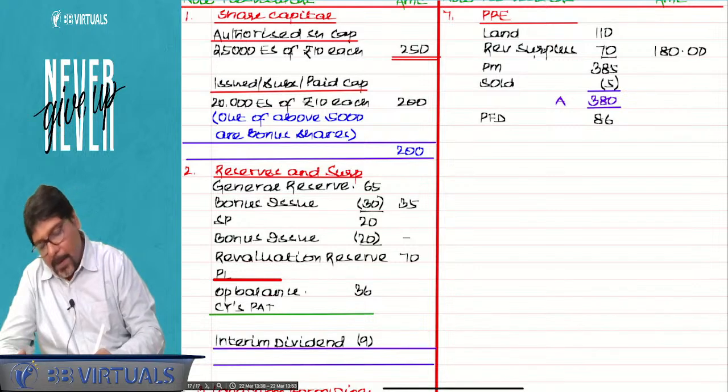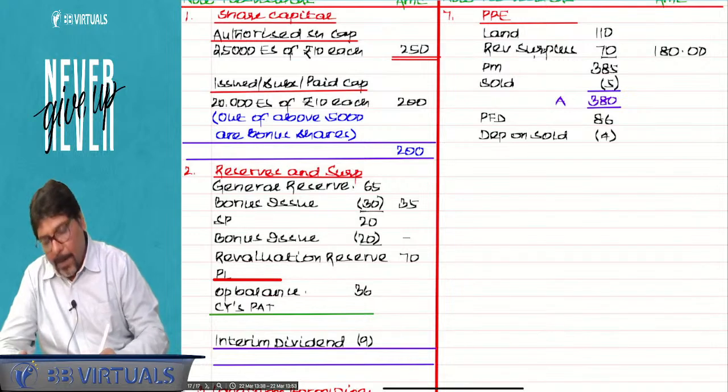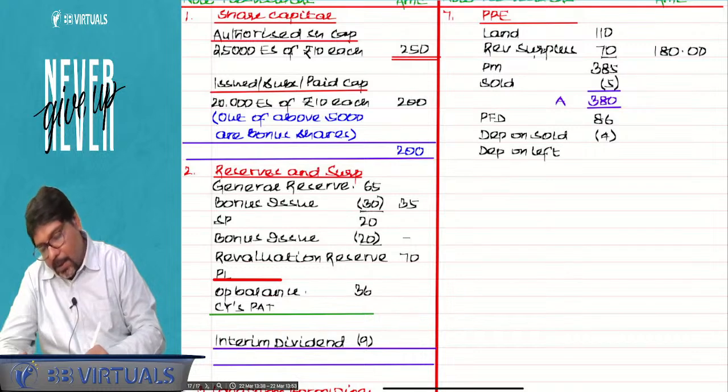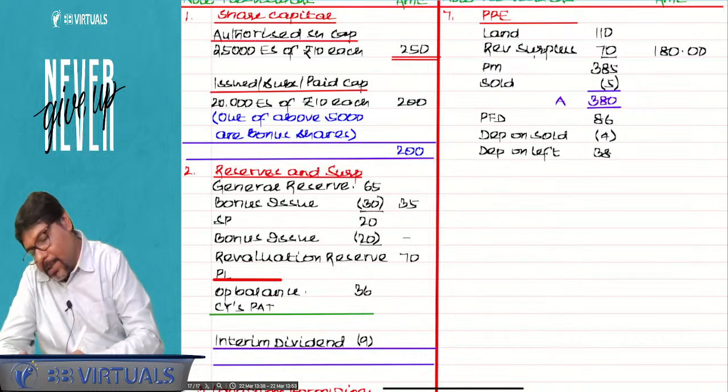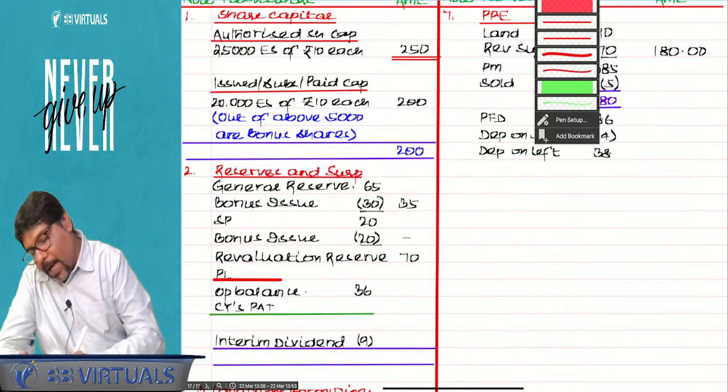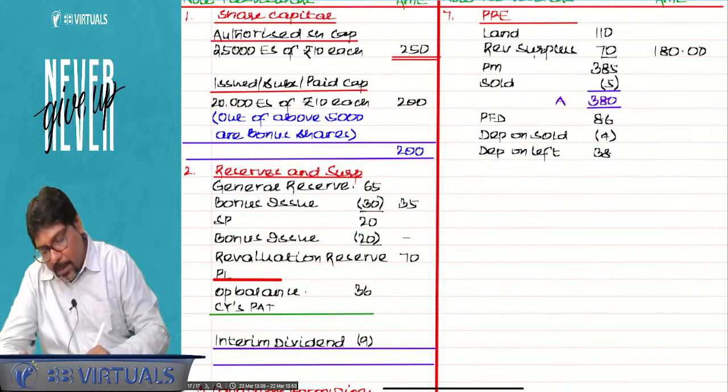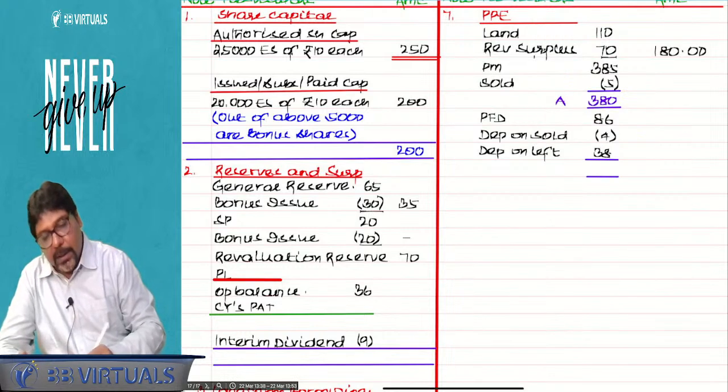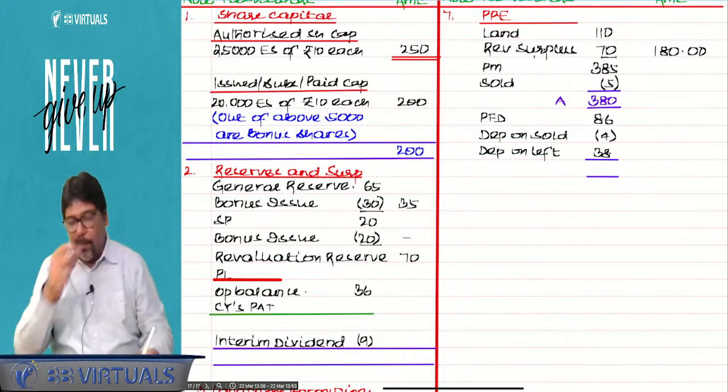86. Then depreciation on sold, you will remove, that is how much? 4. Then depreciation on left, 38, that you will add. When you add that, that will become how much?